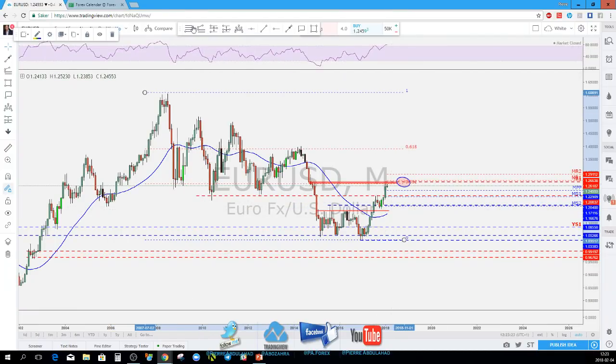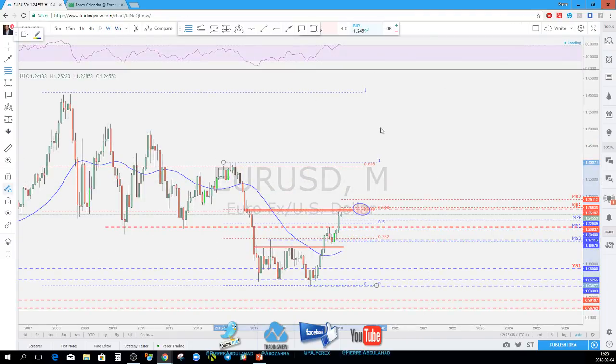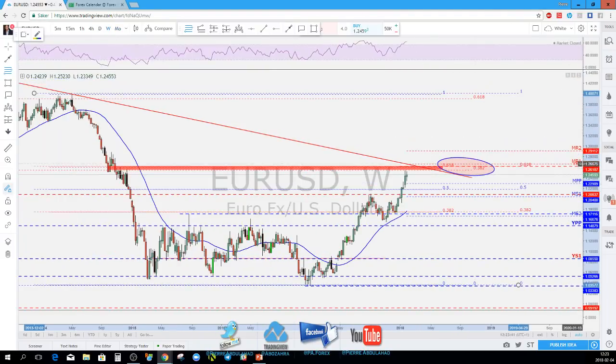And if we measure our last swing to the downside, from this high toward this low, you see that we have the 61.8 at that same level, and we have the yearly R1 level down here.